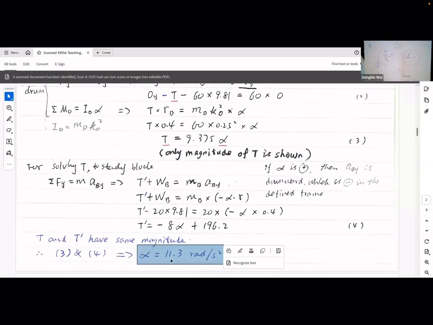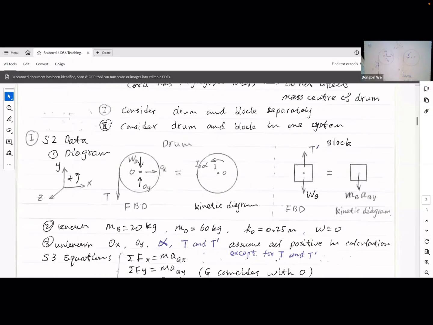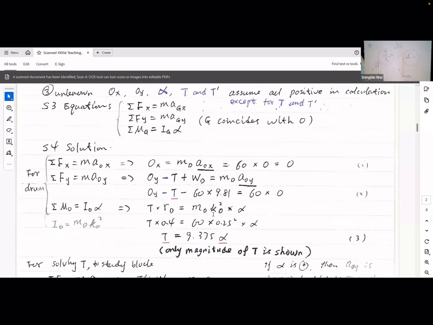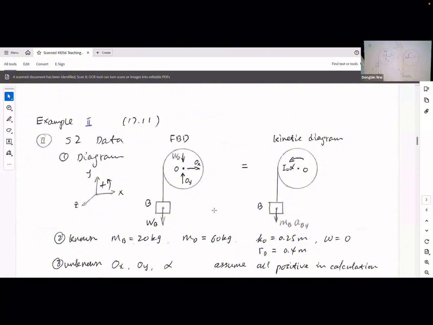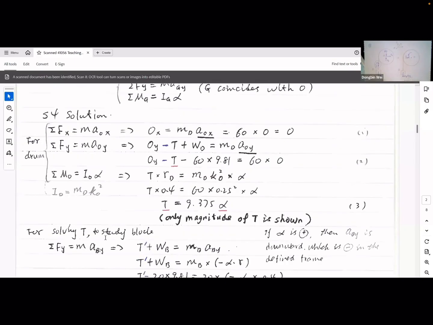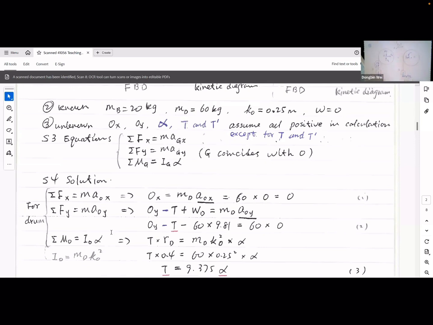And this is positive. And that means the assumed and also indicated counterclockwise direction for alpha is correct. Okay, so that's the first solution by considering the drum and the block in a system. Any questions for this first solution?